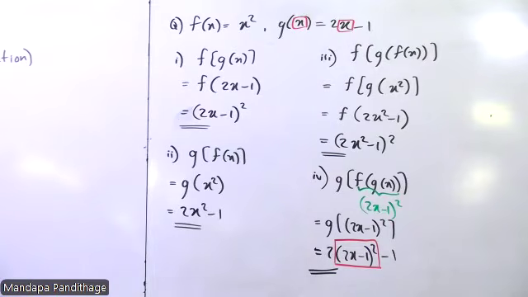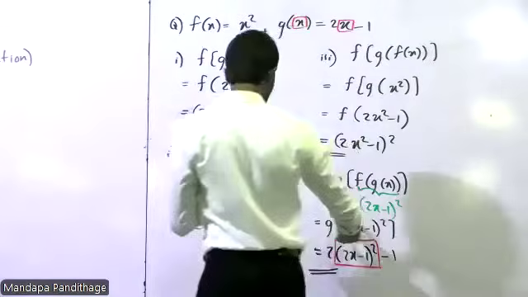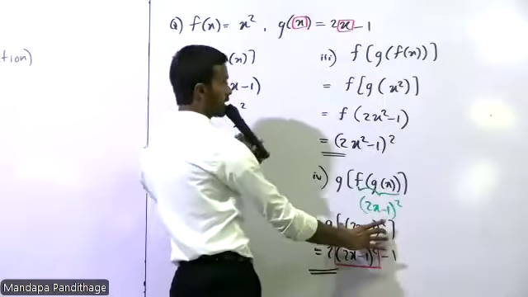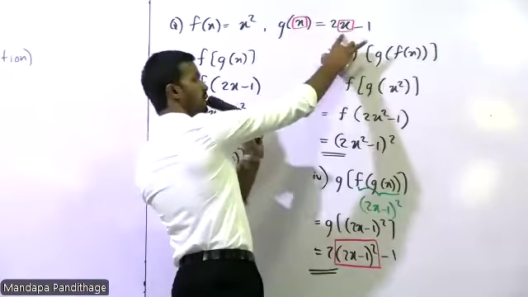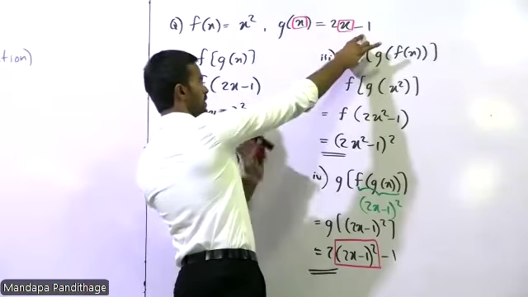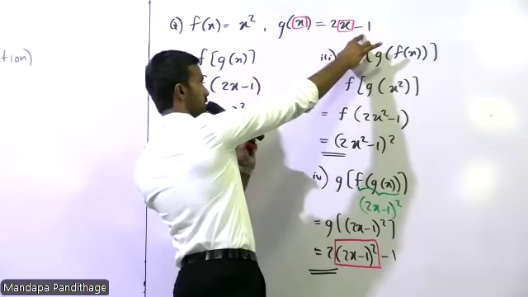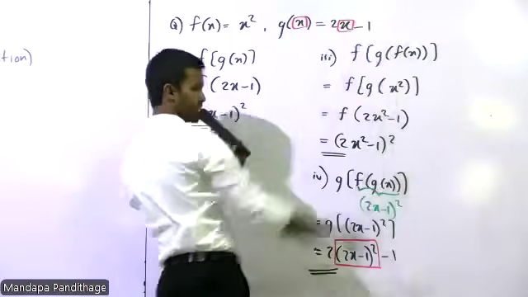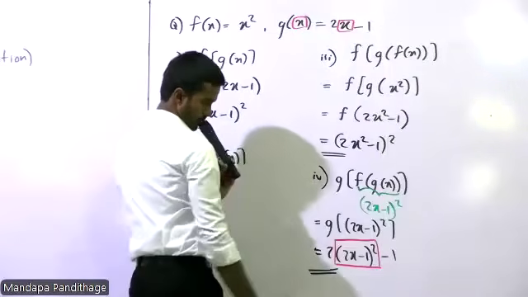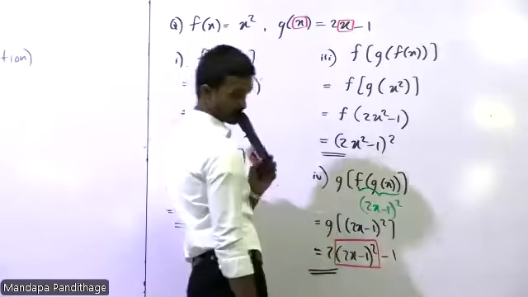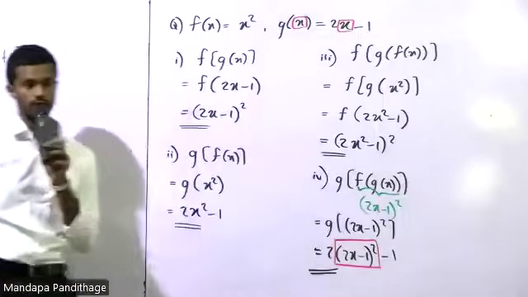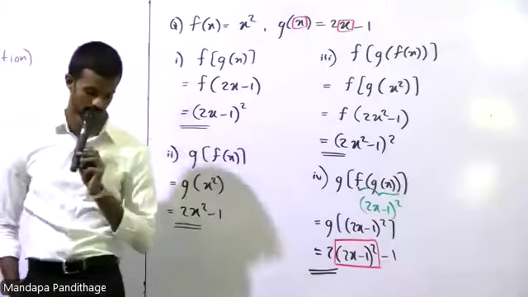Inside the g, we got (2x minus 1) squared. I told you g of x is equal to 2x minus 1, which means it's 2 into this minus 1.